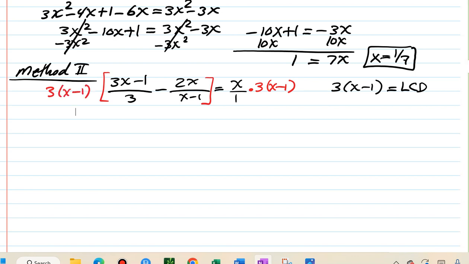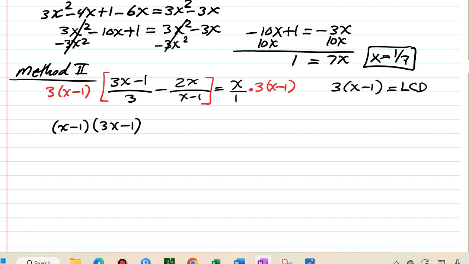Multiplying both sides, 3 times (x minus 1) times the first fraction, all the 3's cross out. So we're just going to get (x minus 1) times (3x minus 1). Correct?